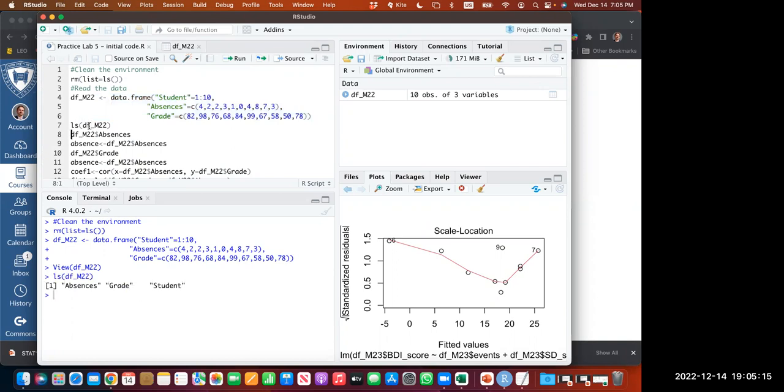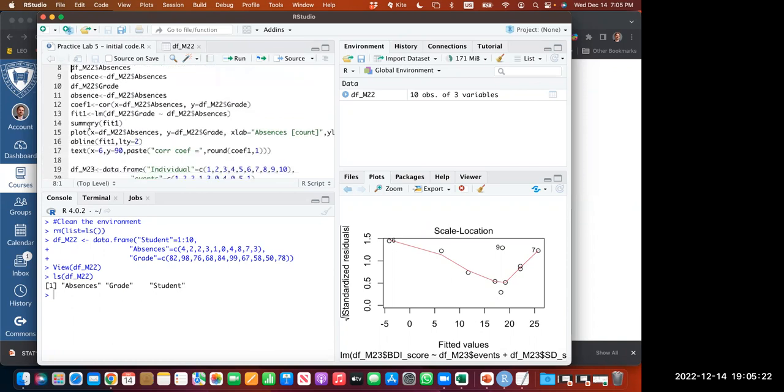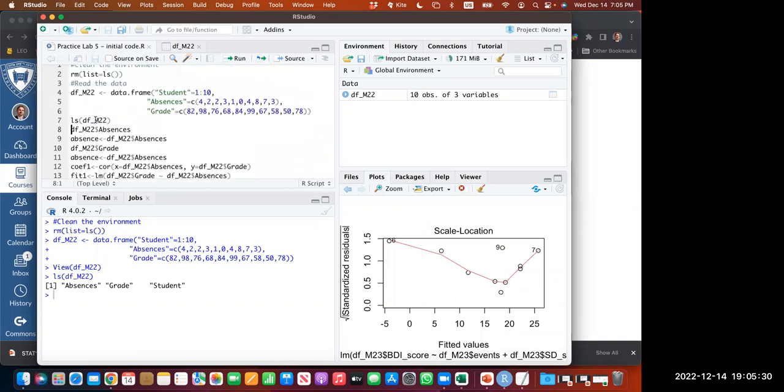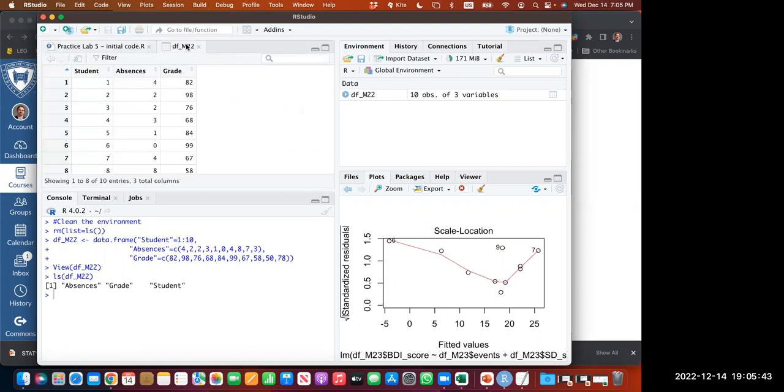And we can do that analysis now with two steps. We first do a correlation analysis, we quantify the correlation coefficient, and second, we develop a simple linear regression model. So line 7 will give you a list of variables included in your object. So this is your absences, grade, and students.